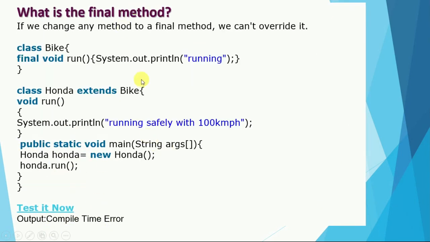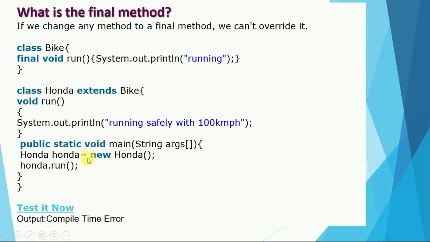Okay, so what is a final method? If we make any method final, we can't override it. We have a Bike class with a final run method, and a child class, Honda. In the parent run method we have a print statement, "running safely with 100 km/h", and in the child's run method we have a print statement, "running".